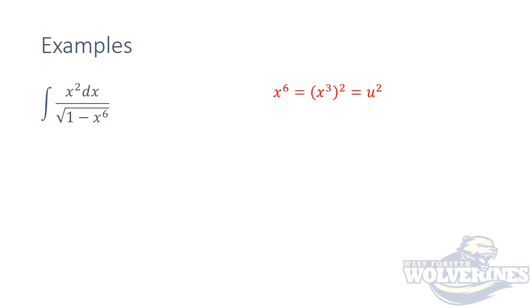So if we let u equal x to the 3rd, now it matches a pattern for u-sub as well, because the derivative of x to the 3rd is 3x squared dx. And look at that integrand, we've got x squared dx. We don't have a 3, so it's 1/3 du equals x squared dx. And we're using both u-sub and inverse trig.